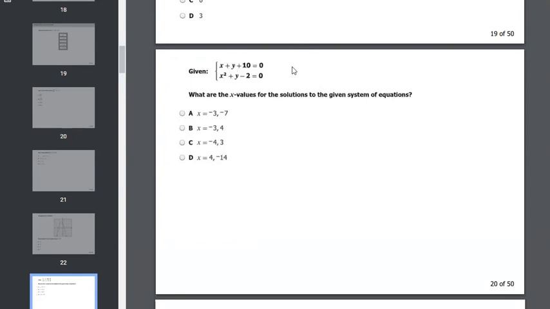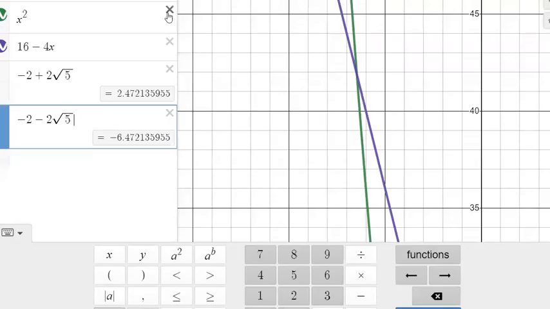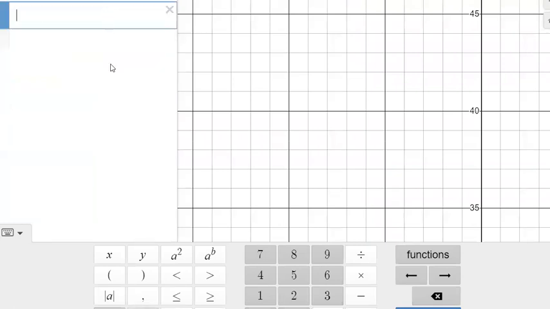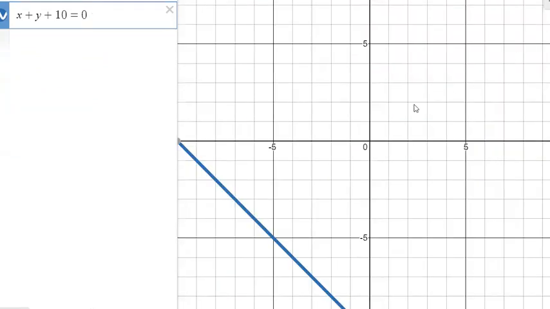I'm going to go to Desmos and I'm going to type in exactly what I see. x plus y plus 10 equals 0. And I'm probably going to have to zoom out to see it. There we go. I get a straight line.